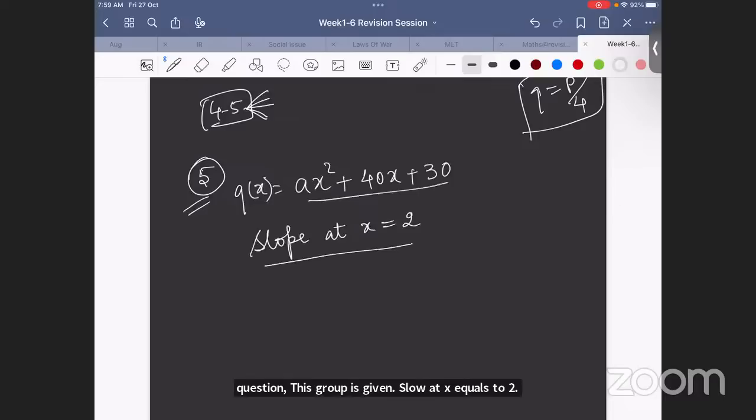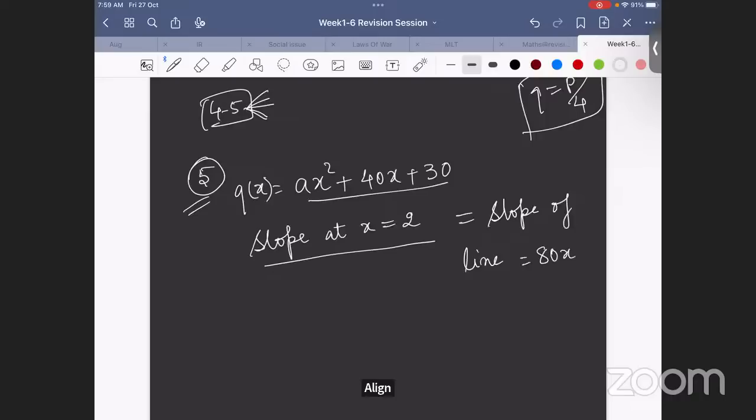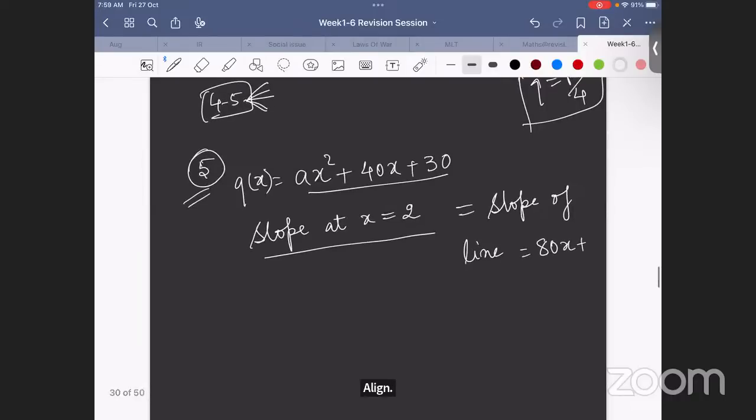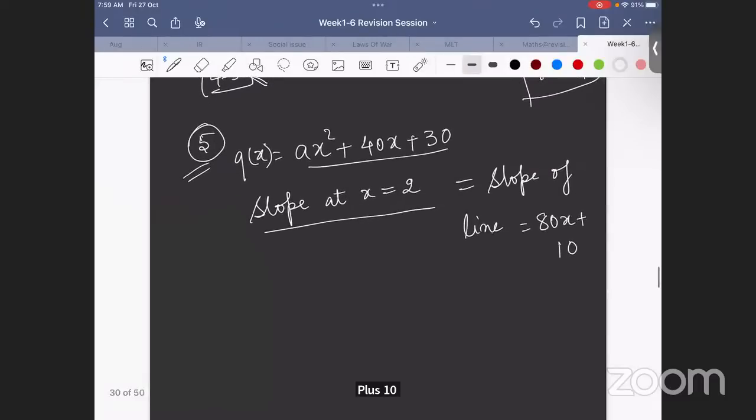You have been given the information that the slope at x equals 0 is equal to the slope of a line 80x plus 10. Then calculate A. 3 marks.